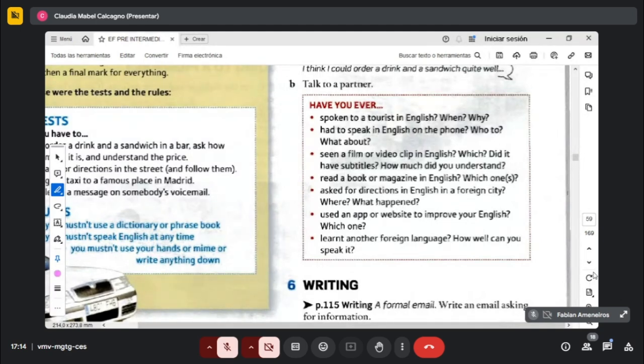Okay, good. Have you ever learned another foreign language? So apart from English, have you learned any other language? Yes, I speak a little Portuguese, but I understand it better. Right. Okay, well, excellent. Portuguese. Anyone else?